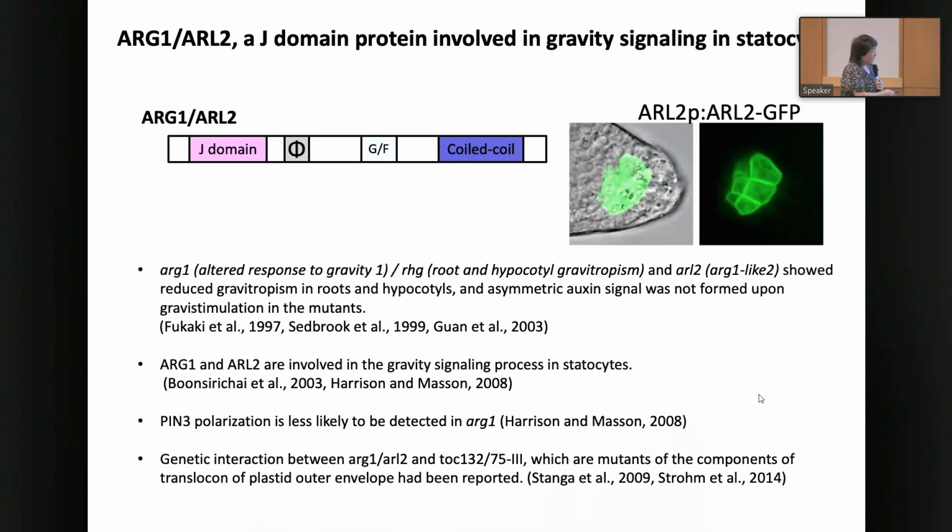In addition, genetic interactions between ARG1, ARL2, and TOC complex components, the translocon of the outer chloroplast membrane, have been reported by their group.